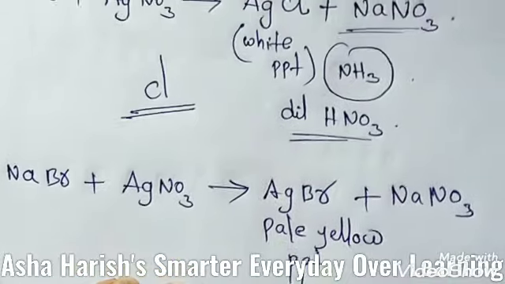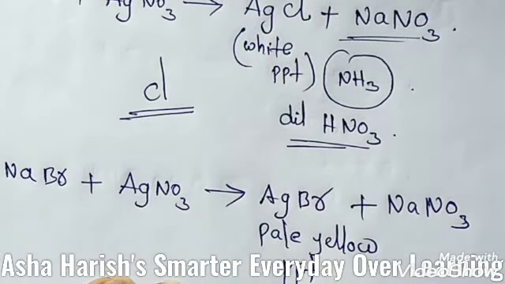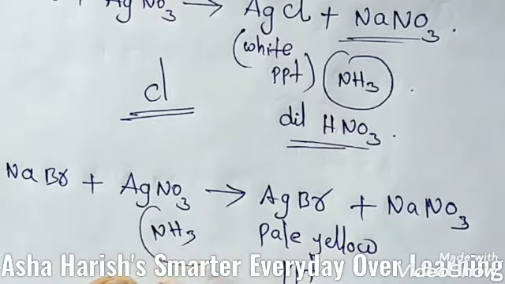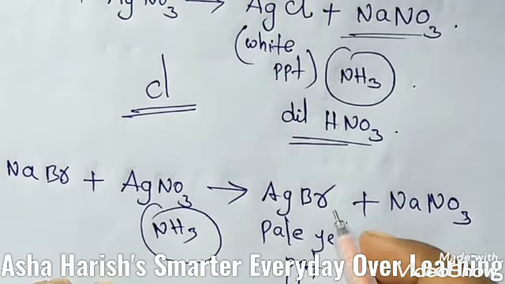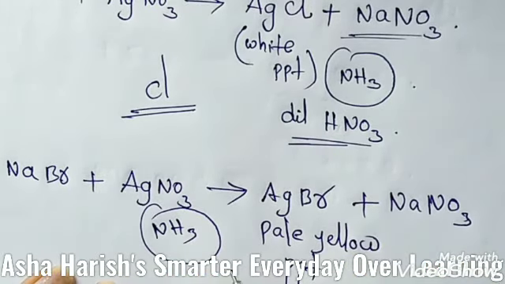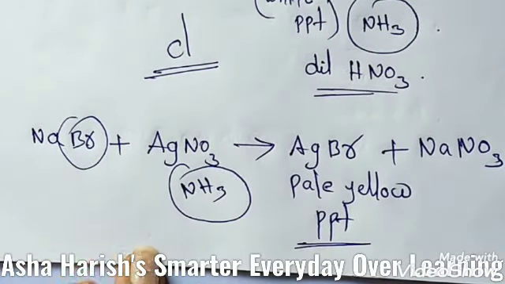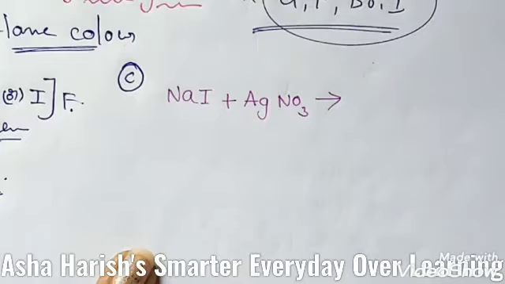This pale yellow colored precipitate is partially soluble in ammonia, partially soluble in NH3. This indicates the presence of bromine in that particular organic compound we have taken.